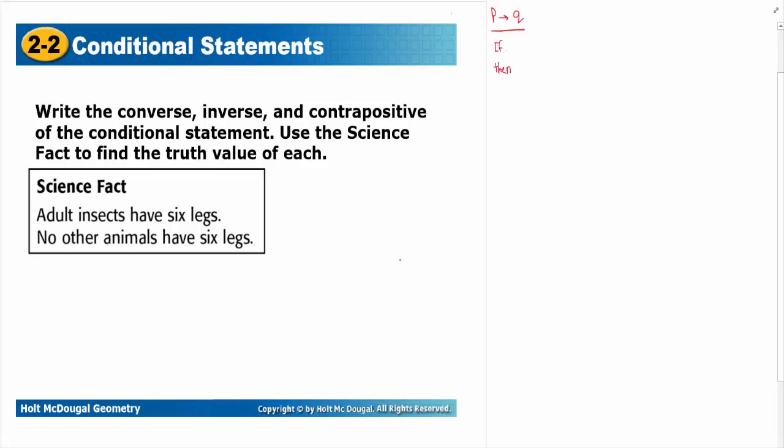So here we go. Let's say something like this: if an animal is an adult insect, then it has 6 legs.